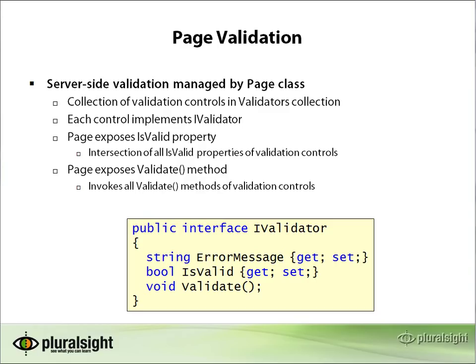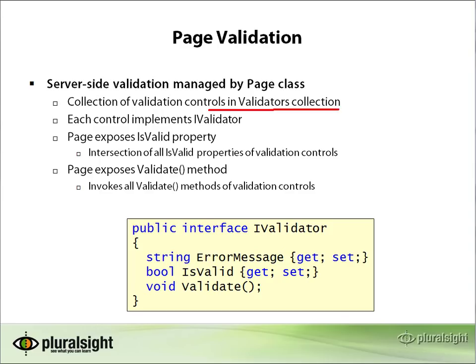Let's start looking at how this validation actually occurs now, and specifically I want to focus on the server-side validation that is happening sort of without even our noticing it. The way this works is the page class manages the validation that happens on the server, and it does so by maintaining a collection of validation controls.